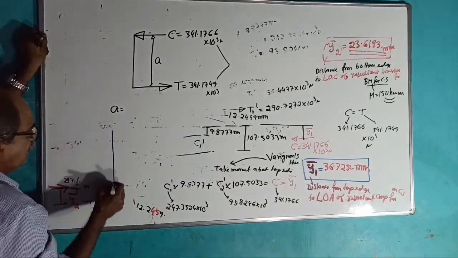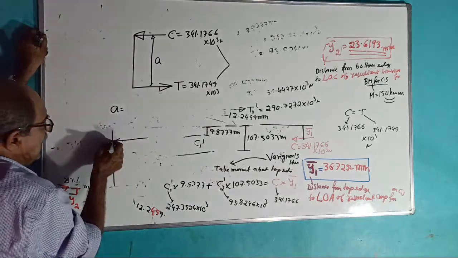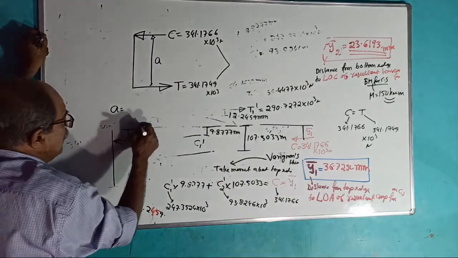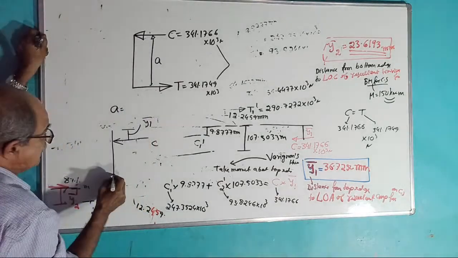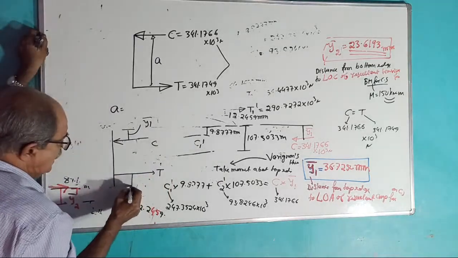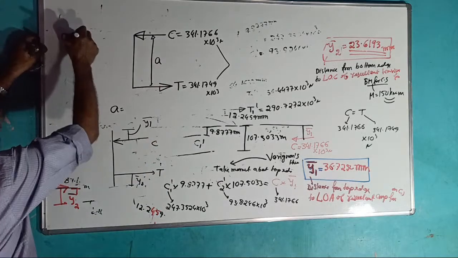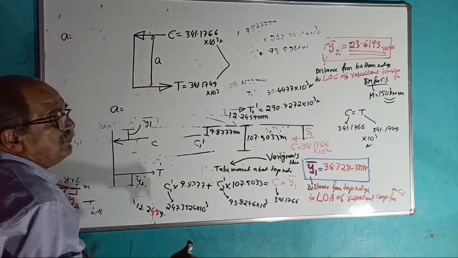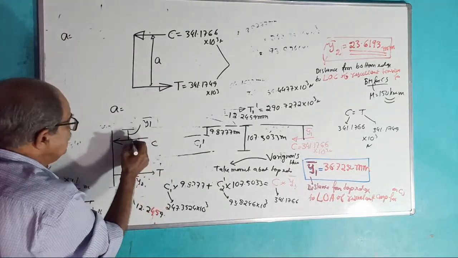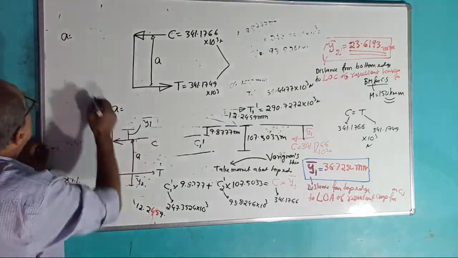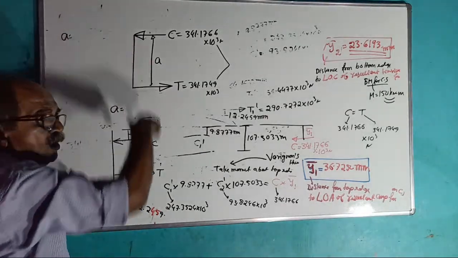From the beam, this compression is acting at Y1 bar from here. Tension is acting at Y2 bar from here. Therefore, your lever arm equals the overall depth of beam. Tell how much? I want, this is the lever arm. So, lever arm A equal to overall depth of beam.